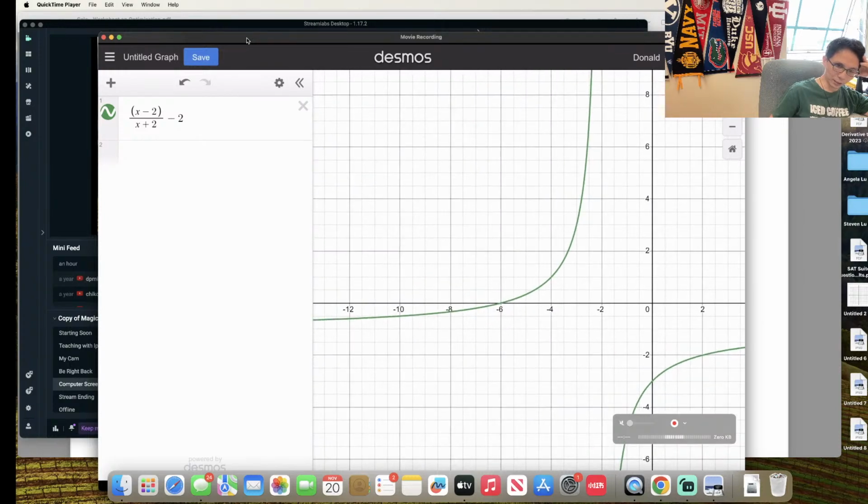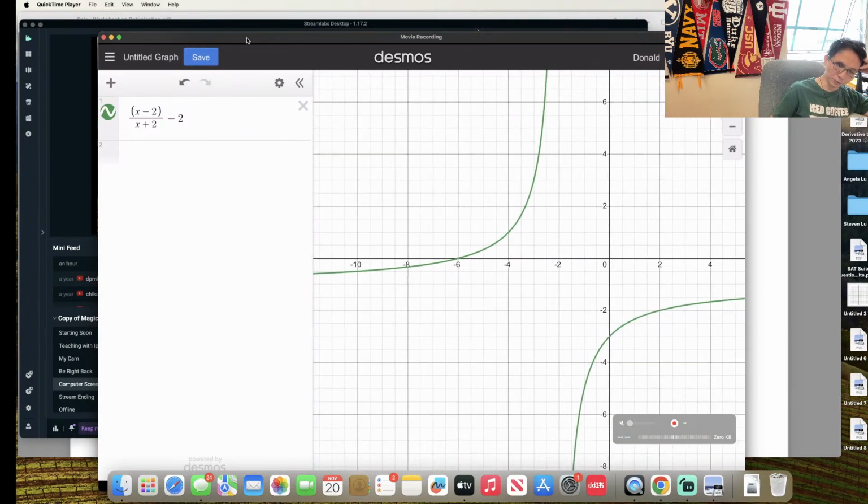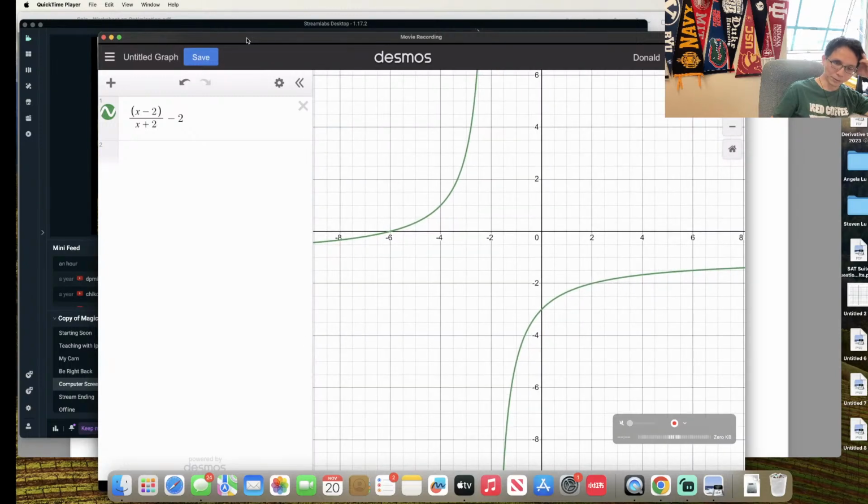So it'd be negative infinity to negative 6, but it's including negative 6, also from negative 2 to infinity, but it's not including negative 2. You can look at the graph and see where the graph is below the x-axis. Is this okay?